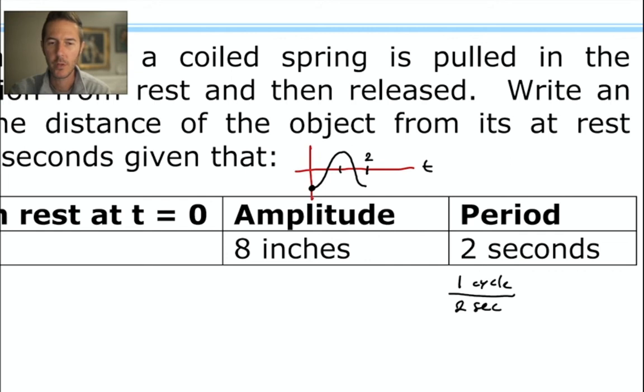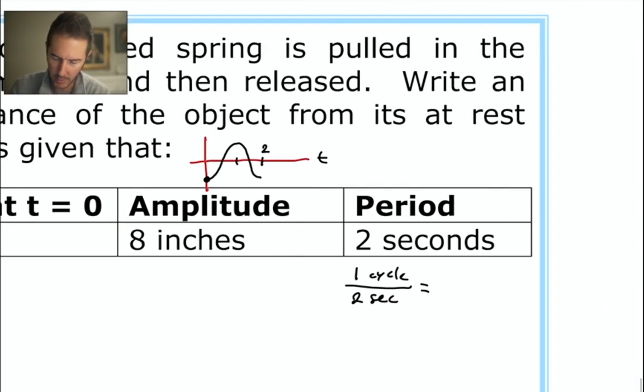We've got 1 cycle per 2 seconds. In other words, it's half of a cycle. So the other way that we could write this is 1/2 cycle per 1 second. So per second.